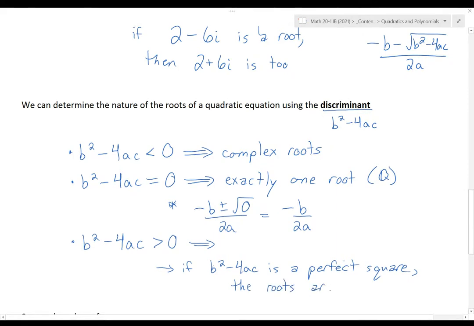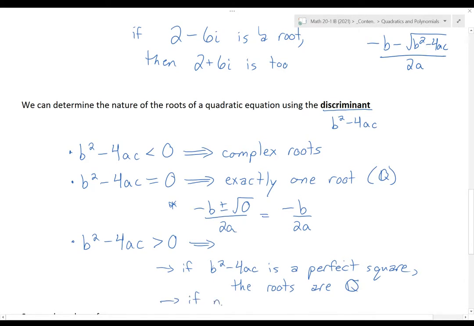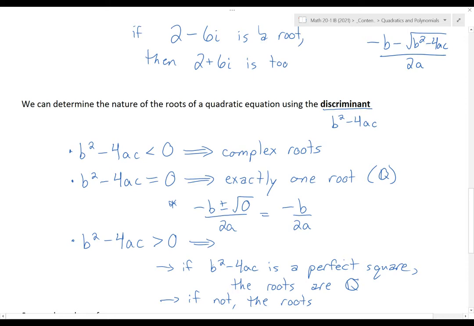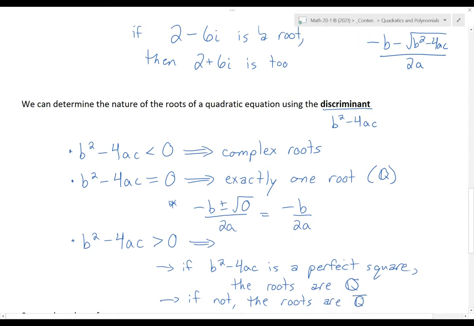So we'll end up with no square root left over. And if not, the roots are irrational. So if we end up with just about any other number, like 31, for example, then we'll end up with irrational roots in conjugate pairs.